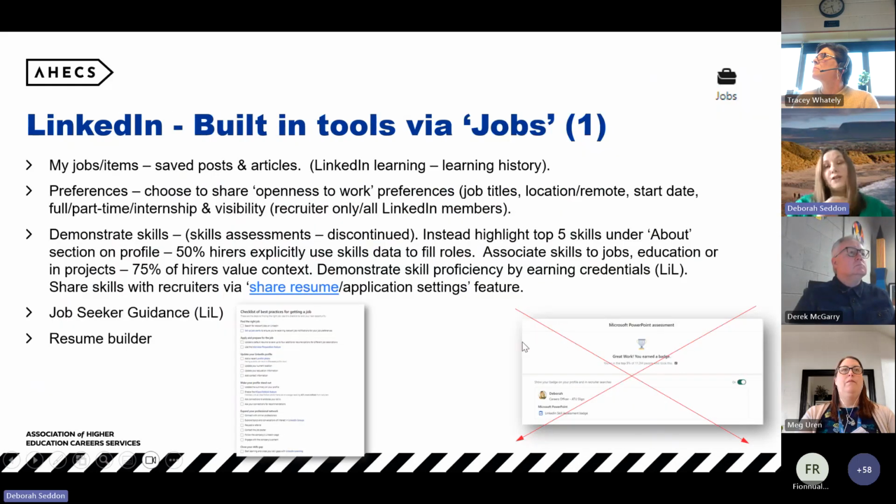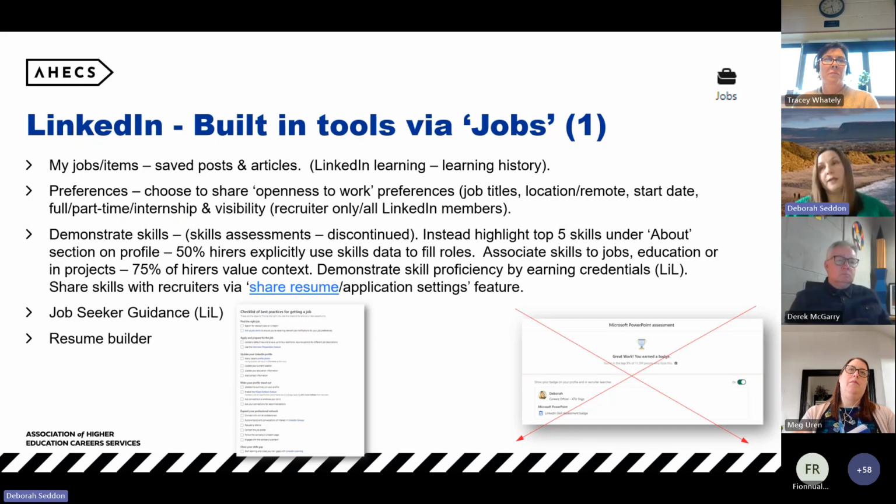Okay, my favourite tool on LinkedIn, and again, I don't suspect this is new for most of you, is the jobs menu. So the briefcase icon. When you're in your LinkedIn account, if you just look at the menu bar, the jobs icon, I am always in this tool and I'm always talking to the students about it and encouraging them to use it.